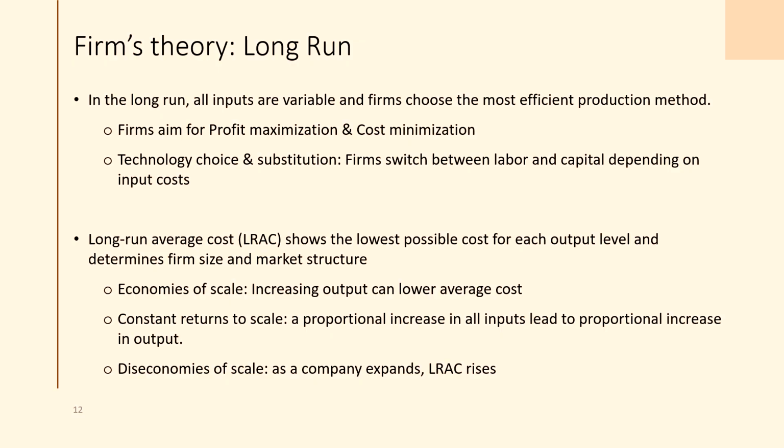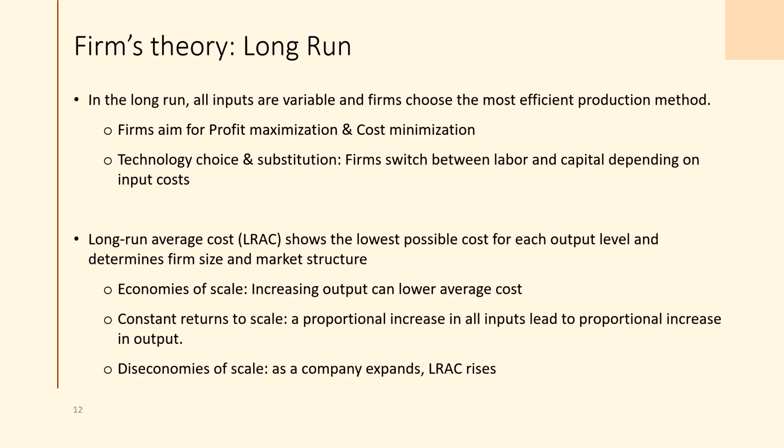In the long run, all inputs are variable. Firms can choose the most efficient combination of labor and capital, and they aim to maximize profit and minimize cost. Firms may substitute between labor and capital depending on input prices. The long-run average cost curve shows the lowest cost of producing each level of output.